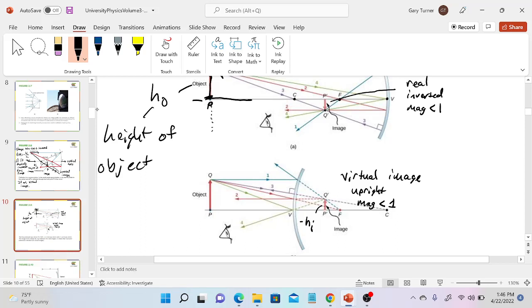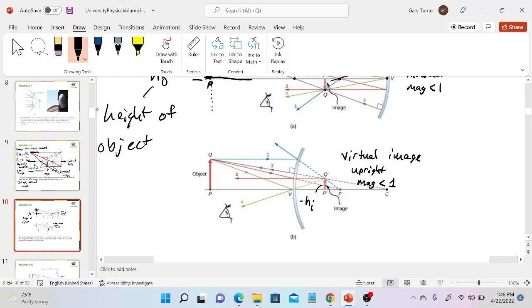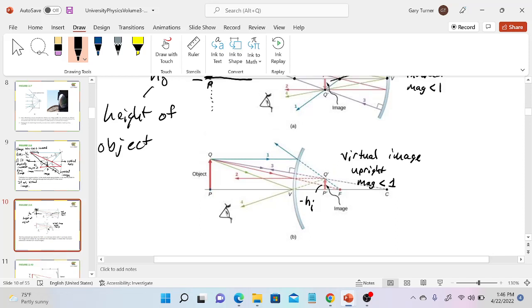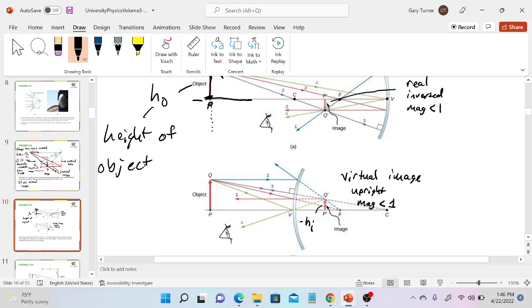F is my focal point. The equation for mirrors is going to be, I need to define where my image is. So I'm going to let my image be P prime.